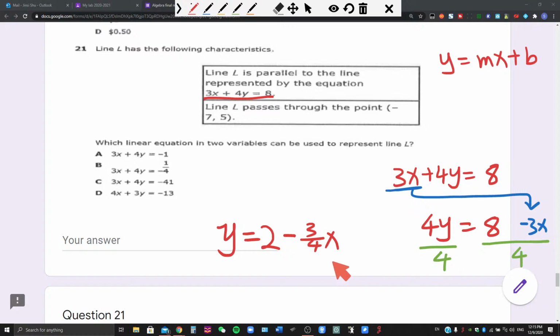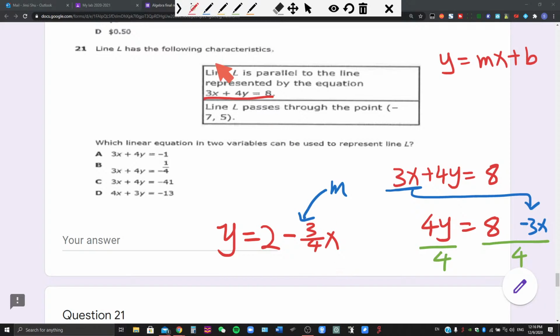Now what is the m? Is m the 2? No, that's wrong. M is a number in front of x. So this number in front of x, that's m.